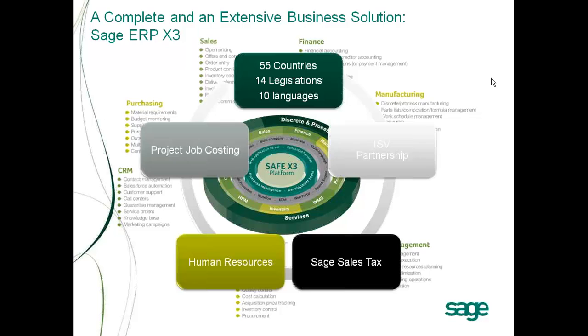So if your processes or your business takes you across companies requiring multiple legislations and multiple taxing authorities, X3 is going to be very well suited for your industry because we can handle all that. Today we're accessible in 55 countries, 14 legislations, and 10 languages. The languages aren't that limiting because we also have languages supported maybe by local resellers in smaller markets.